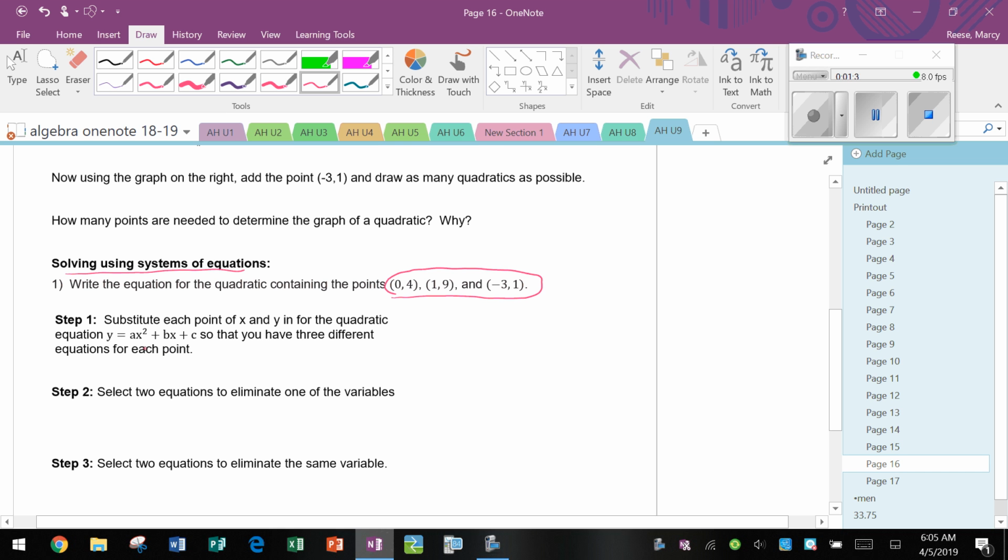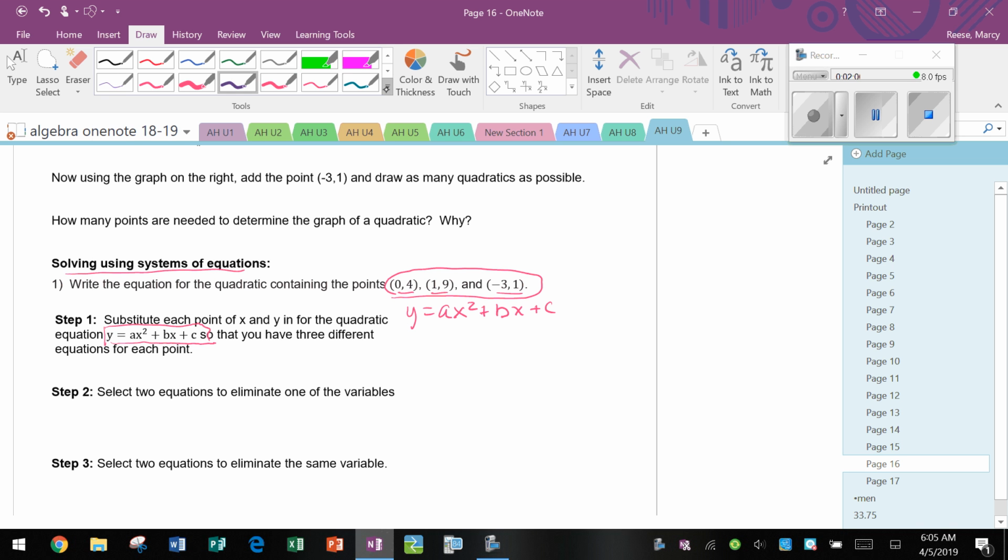All right. So here is my equation: y equals ax squared plus bx plus c, or quadratic, standard form. Now I'm going to take that and substitute all 3 of those points in here. Remember, 0, 4, 1, 9, and negative 3, 1 are points on one single quadratic.